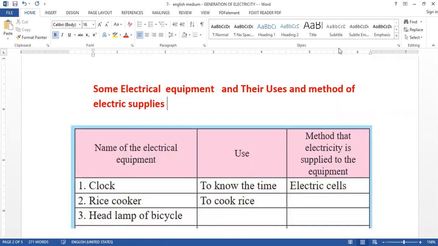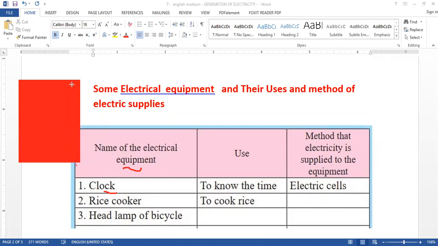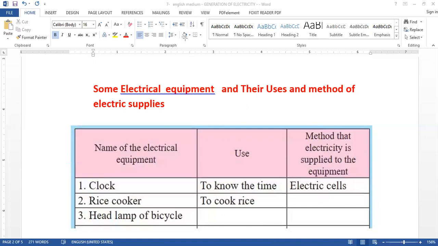Now look, the name of the equipment is a clock. Do you have a clock in your home? What is the usage of a clock? A clock is to know the time, right? But what is the method of electricity supply to the equipment? Are you plugging it into the plug?